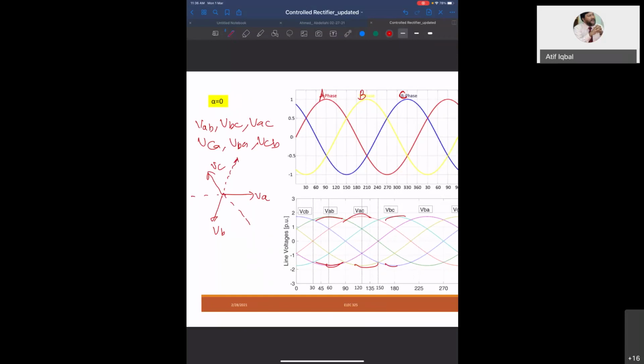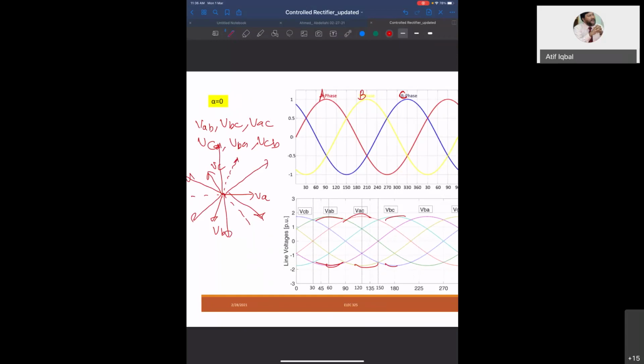We have 3 line voltages, but there are opposites to them also. You know that the line voltage leads the phase voltage by 30 degrees.